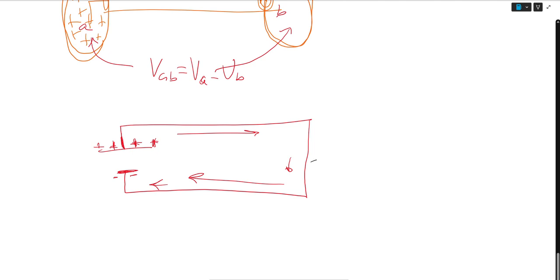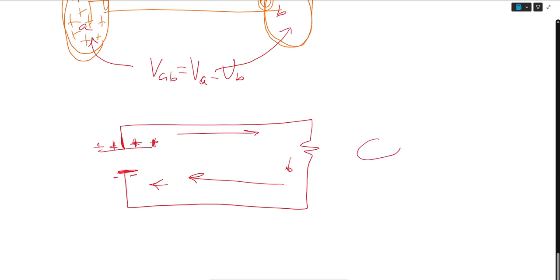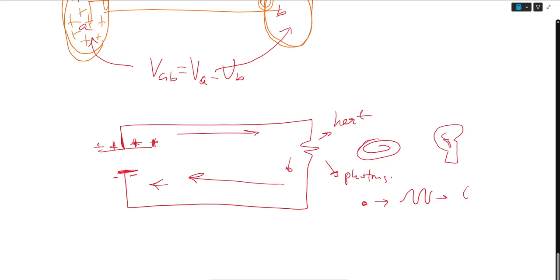And essentially, what we do as engineers is we put a component here. And this component could be your electric stove at home, or it could be an incandescent light bulb. And when the electrons pass through these mediums, they release heat, or they release photons. And those photons flow in a wavelength that gives light to our eyes.